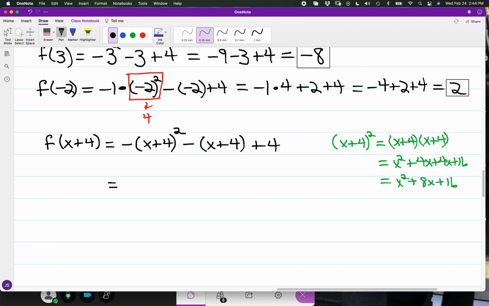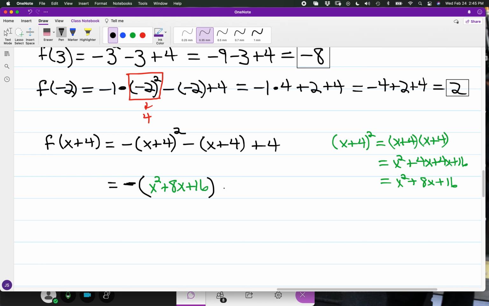Okay, so just carrying over to what we have here. So you got the negative of the square of x plus 4. So you'll be looking at the negative, or the opposite sign, of this whole trinomial expression. And distributing subtraction over x plus 4, go ahead and take out this group of parentheses.